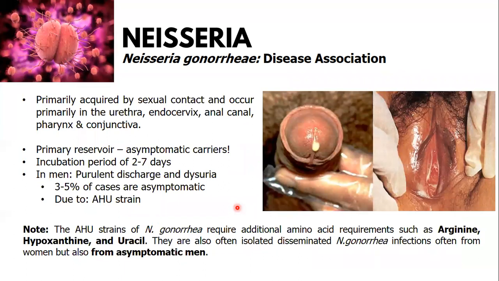As I said earlier, Neisseria gonorrhoeae is primarily acquired by unprotected sexual contact and occurs primarily in the urethra of men and endocervix of women. However, take note that it may also occur in the anal canal and pharynx for those individuals who practice unsafe oral or anal sex. And it may also occur in the conjunctiva.